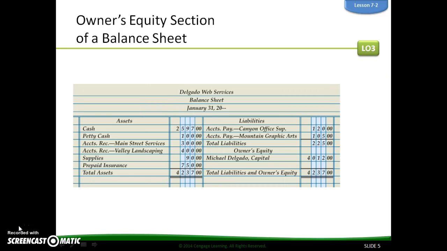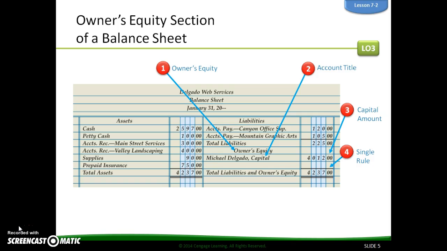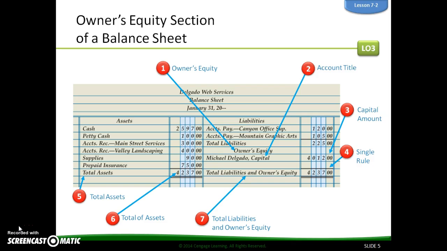The last thing that we need to represent on our balance sheet would be our owner's equity. So right underneath liabilities, because liabilities and owner's equity both belong on the right side of the accounting equation, we're going to indicate the Michael Delgado capital, and we're going to add the capital amount to the liability amount to get total liabilities and owner's equity.